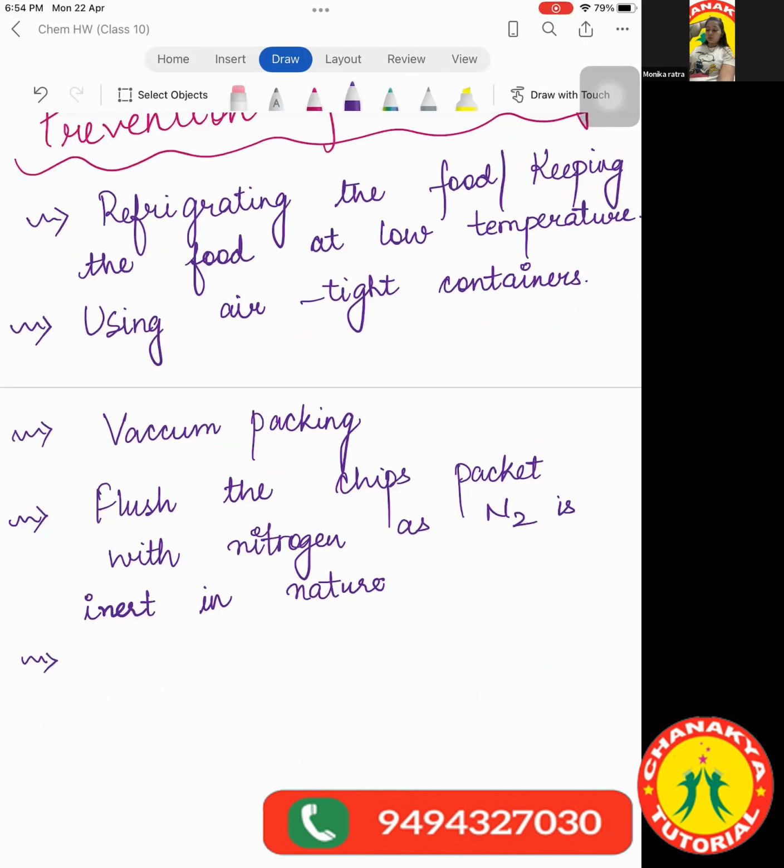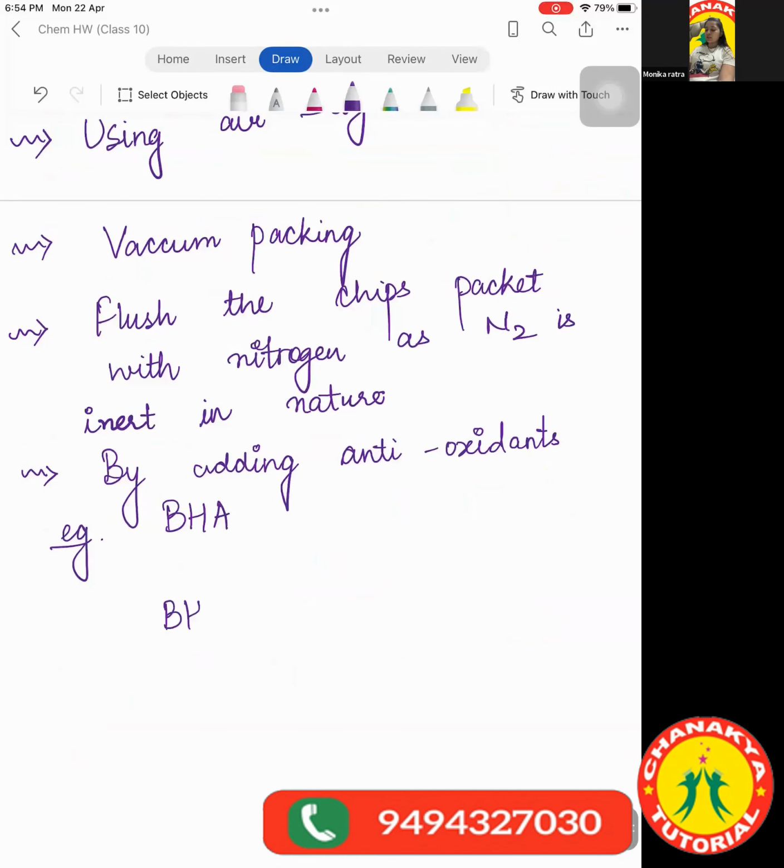Lastly, the most important, by adding antioxidants to the food items. I'll give you the examples of antioxidants also. The first one is BHA and the second one is BHT. I write the full form for you.